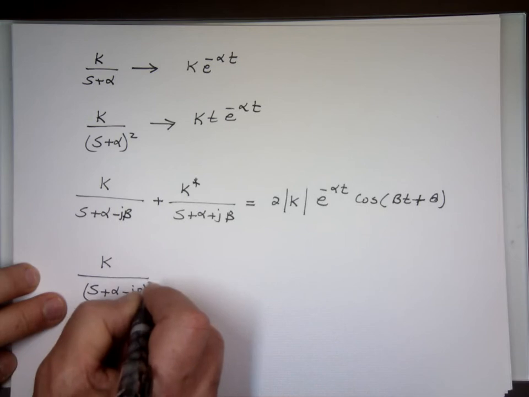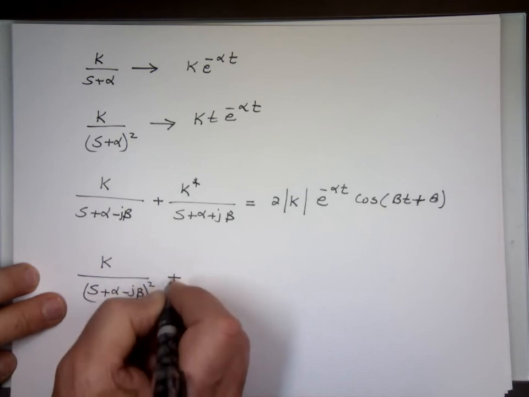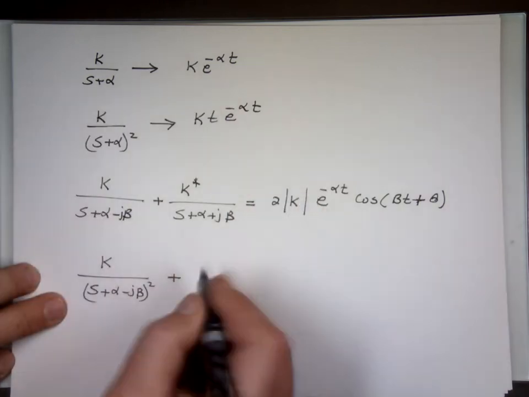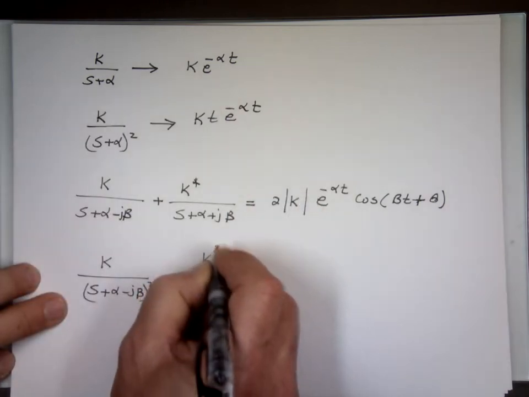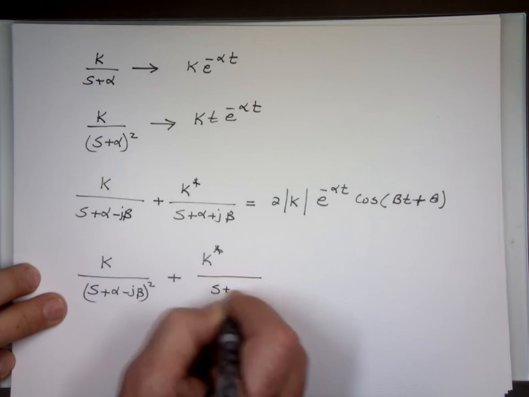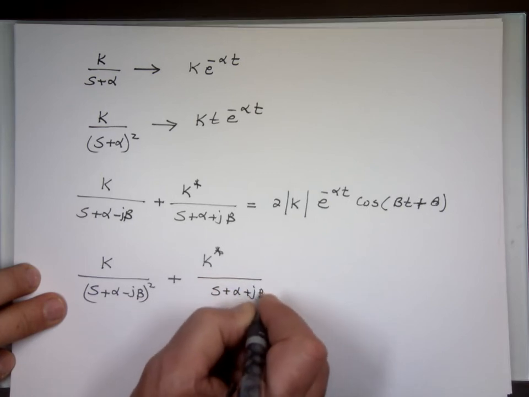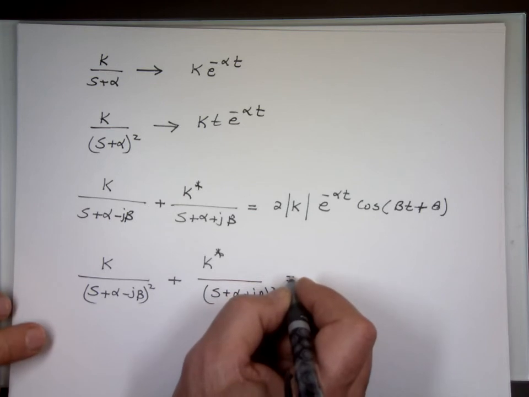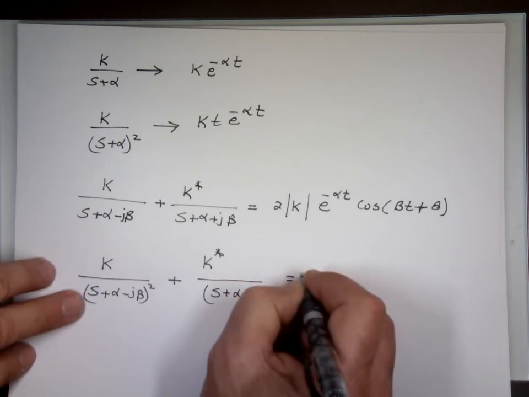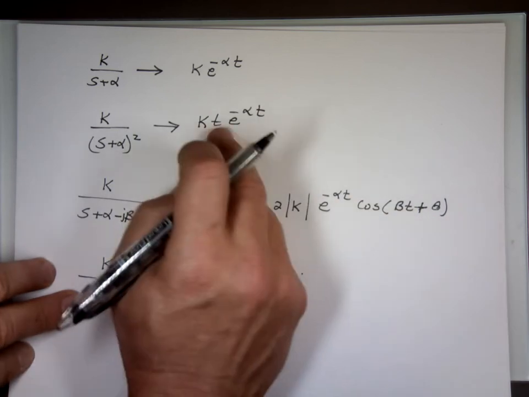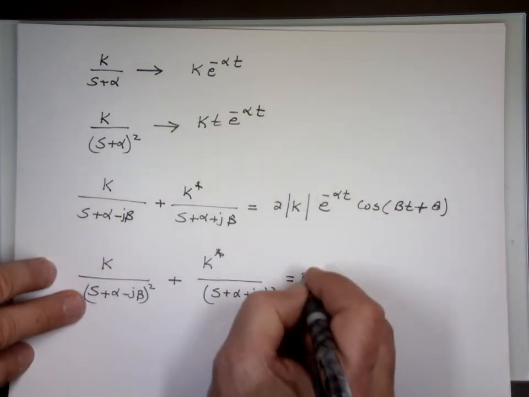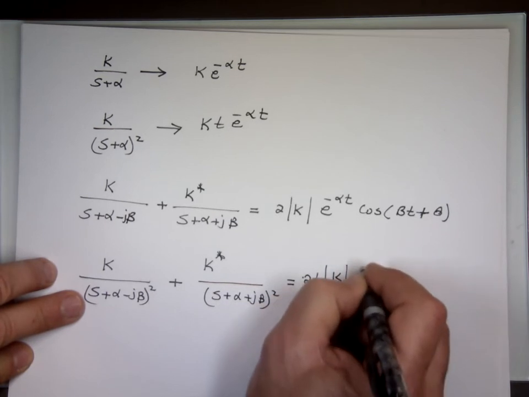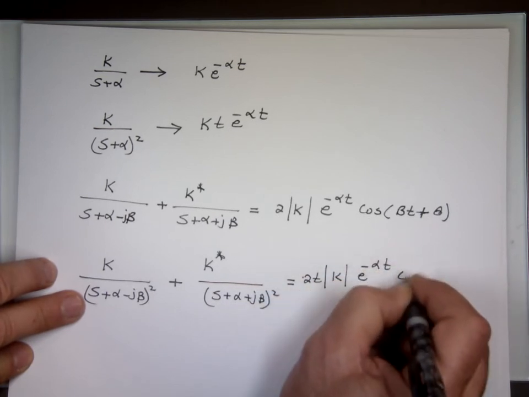Notice there's a factor here, like this one. You're going to multiply it by t. Just multiply this answer by t, so it's going to be 2t, the absolute value of k, e to the minus alpha t cosine beta t plus theta.